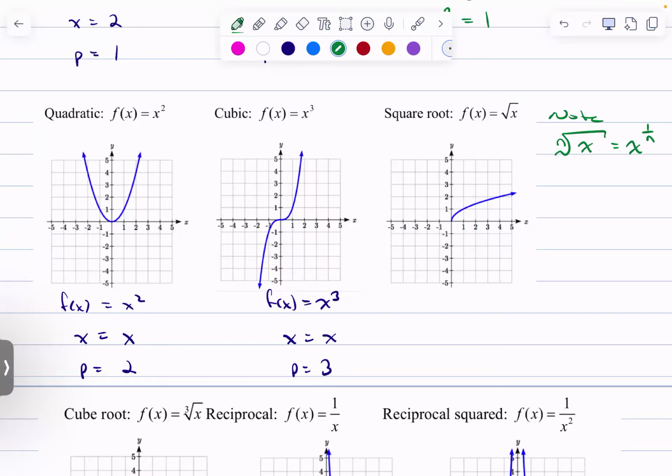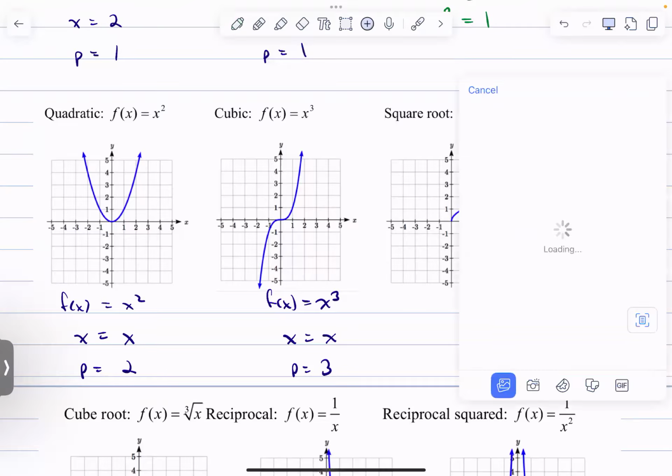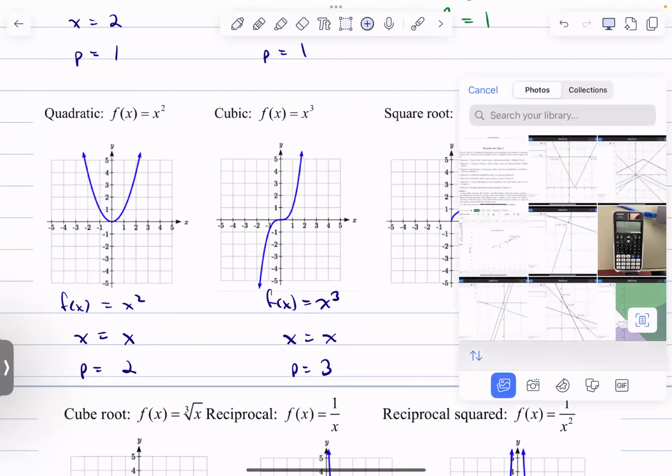I think your calculators have fancy roots, don't they? Maybe not. I can't choose my root. I have, oh, there it is. Over my x to the power of anything button in the shift function, I have a choose anything root. Let's see here.